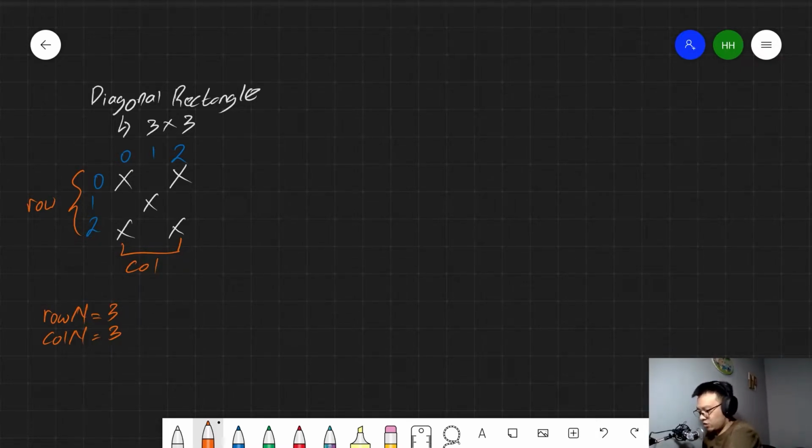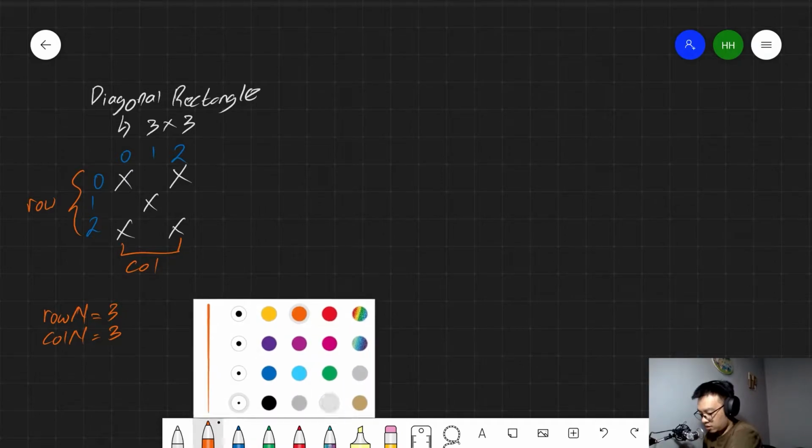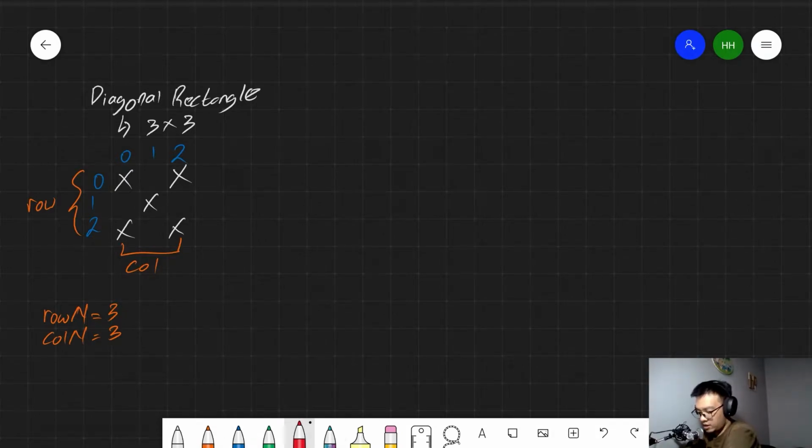What pattern can you see in here? You have two diagonals. Let's just focus on the first diagonal.